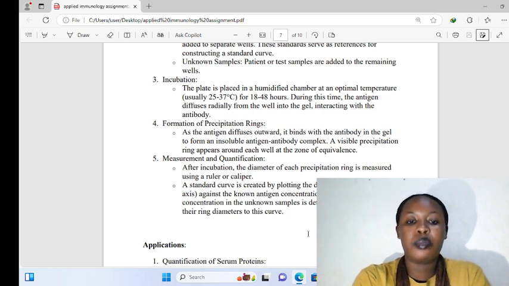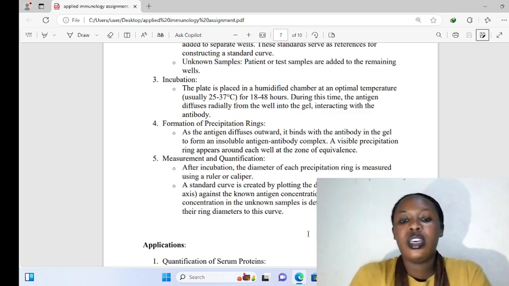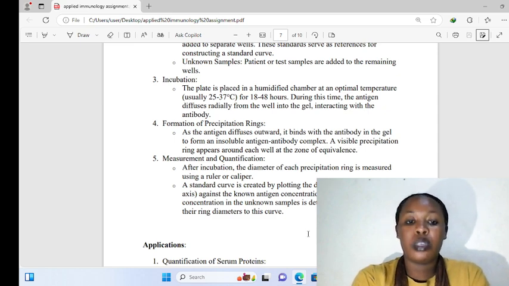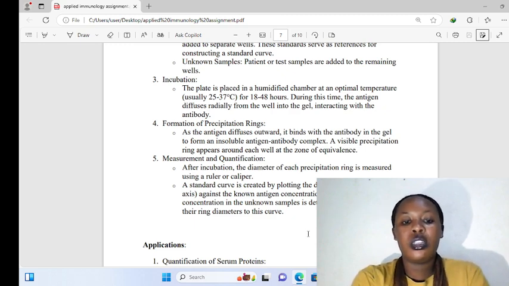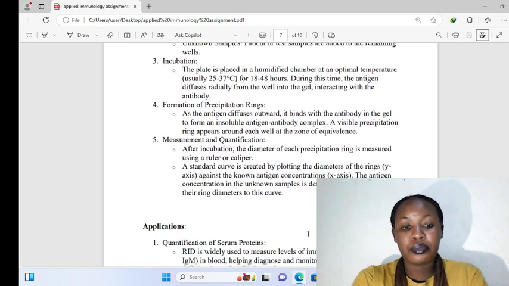The plate is placed in a humidified chamber at an optimum temperature, which is 25 to 37 degrees Celsius, for 18 to 48 hours. During this time, the antigen diffuses radially from the well into the gel, interacting with the antibody.